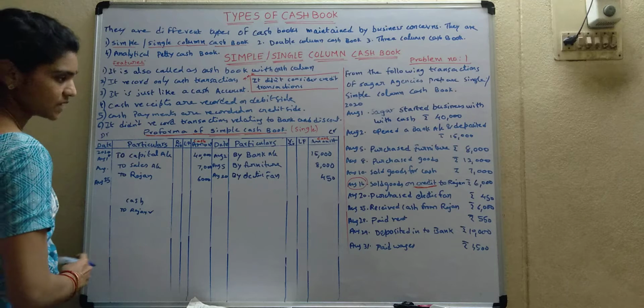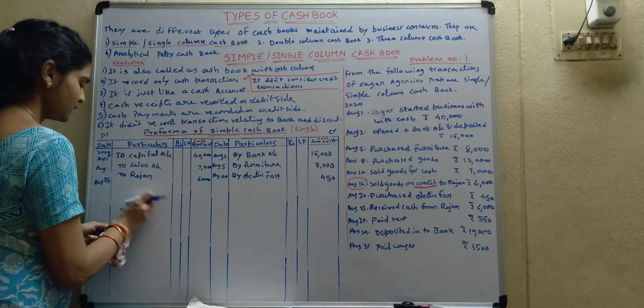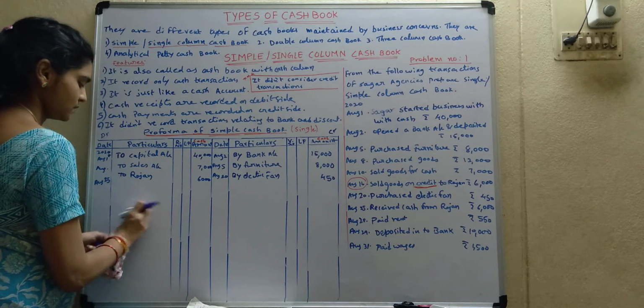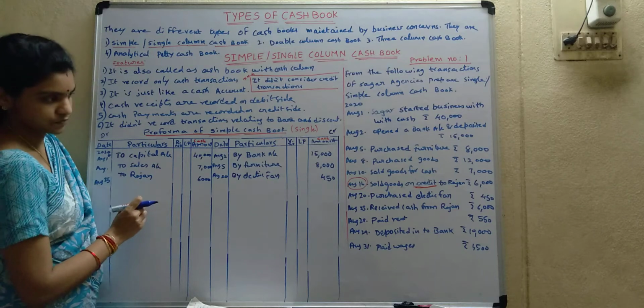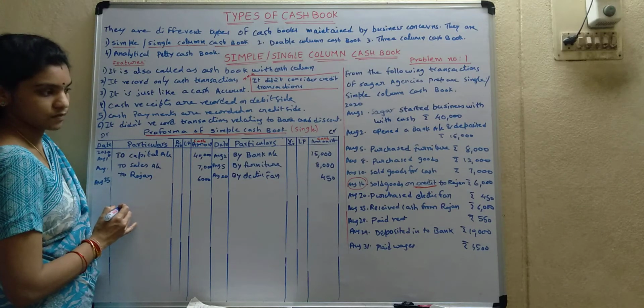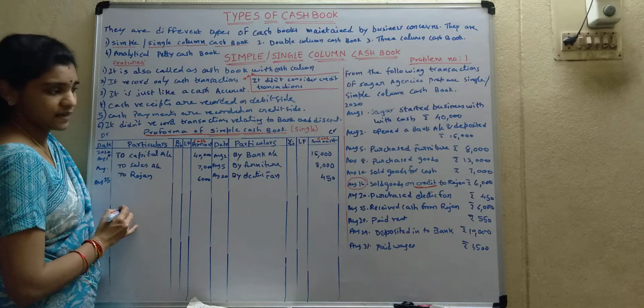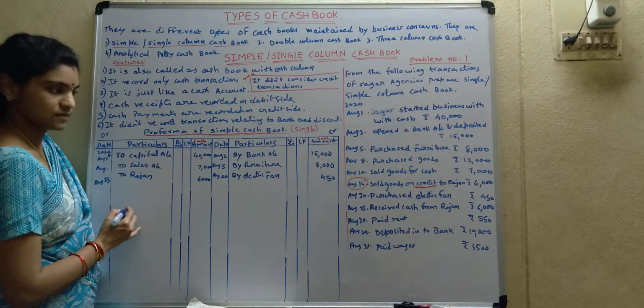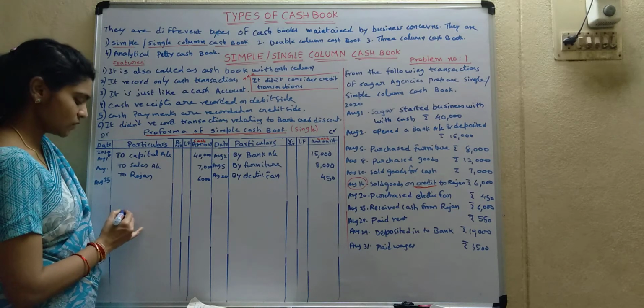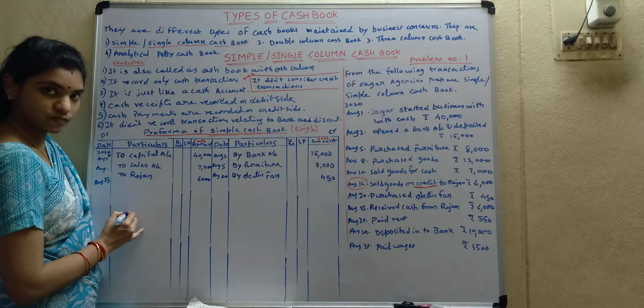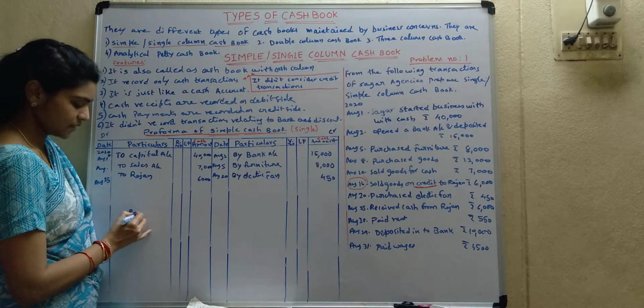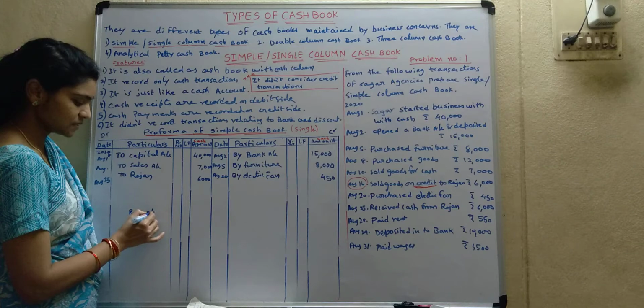And coming to the next transaction. What's the entry? Paid rent. It means it's an expense. So what do we do? Rent account debit, all expenses are debited, no?